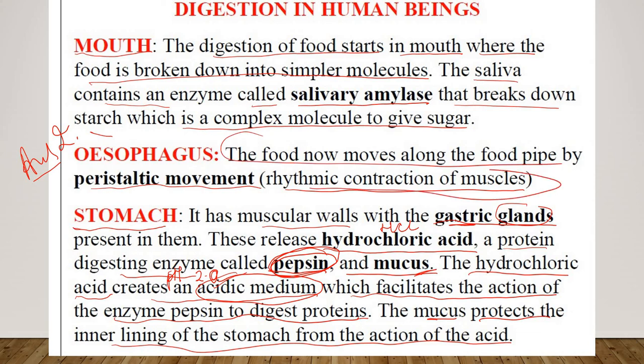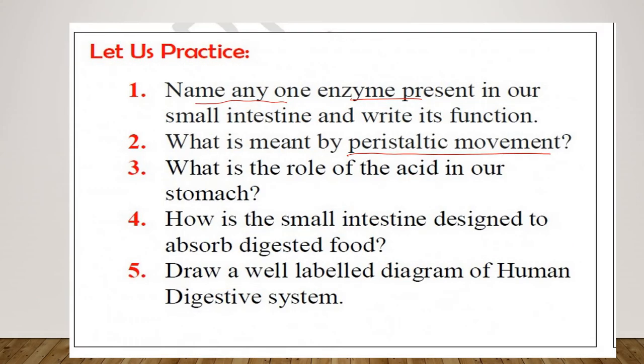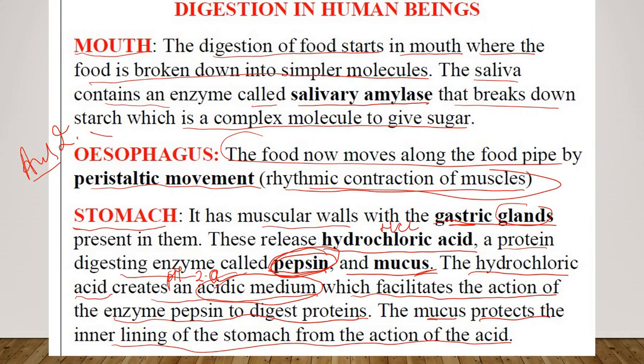Peristaltic movement is the contraction of the muscles. Now question number 3, the role of acid in our stomach. Again we will go to this part. It creates an acidic medium which facilitates the action of the enzyme pepsin to digest protein. So this is your answer number 3.